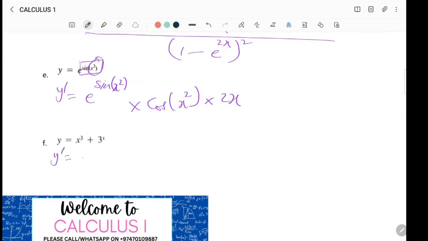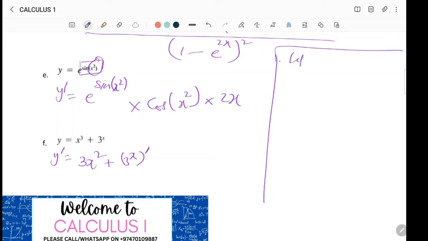Now y dash is x cubed, which is 3x squared, and 3 to the power x dash, I don't know the differentiation of this, so I will differentiate that here. Let z equal 3 to the power x, and we need to differentiate this.